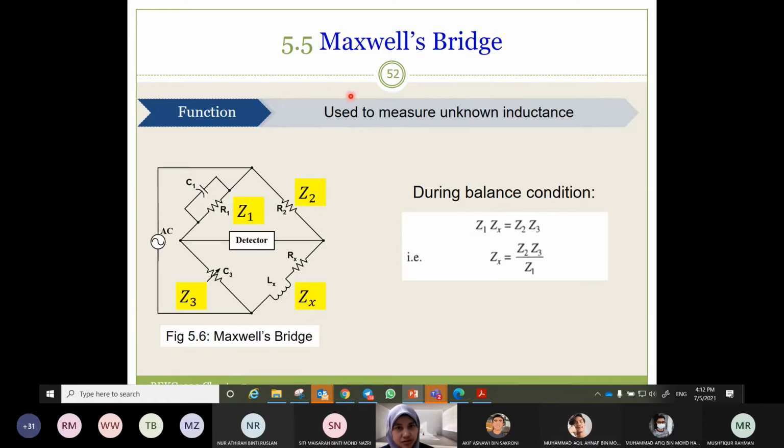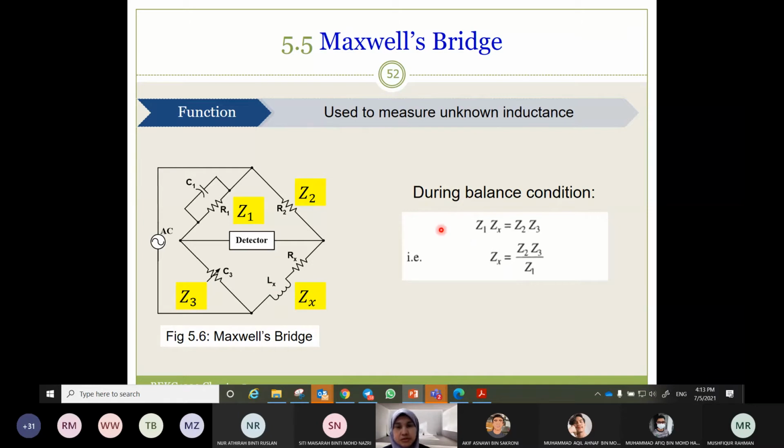So this is Maxwell bridge. Actually, no need to memorize the configuration of each bridge. You just refer to the circuit and then you derive to find the Zx. So Maxwell bridge finds unknown inductance, this inductance Lx.